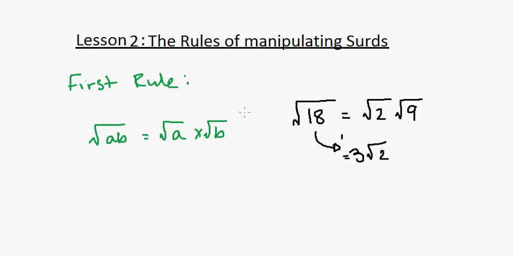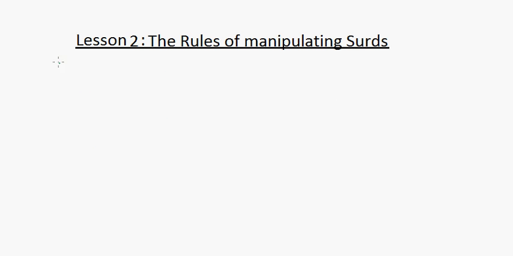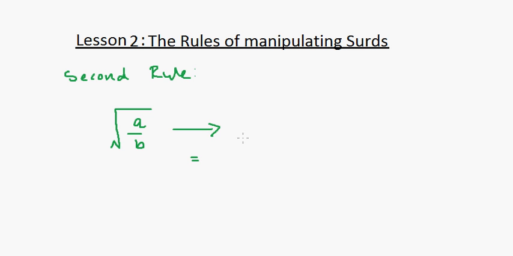Let's look at the second rule now. Okay, so the second rule, also in green, is that the square root of A over B is equal to the square root of A over the square root of B. Now you can have this in many examples.